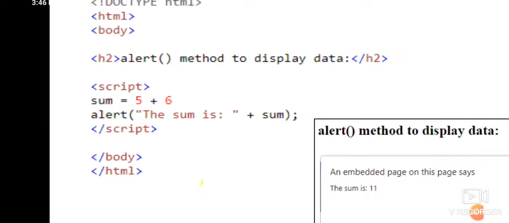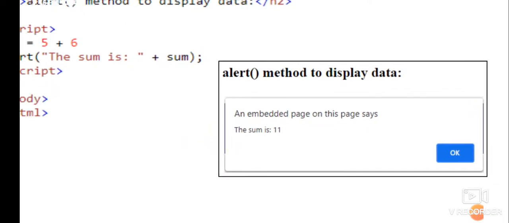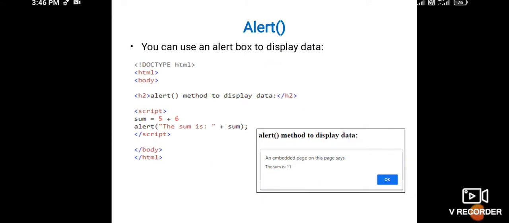When you are using the alert, it will display a separate dialog box. You can see here an embedded page on this page says the sum is 11. When you click OK, the window is going to be closed. A separate dialog window is displayed for the alert method. This is all about the alert method.